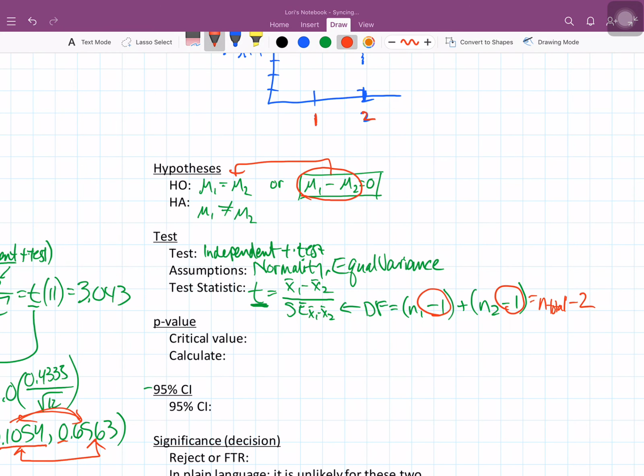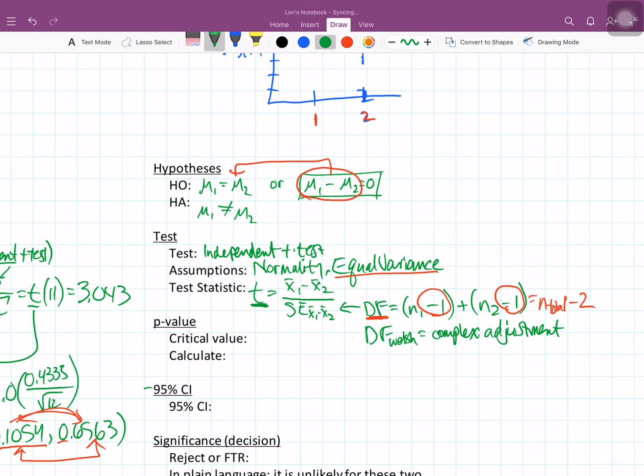There is another way to make this adjustment with degrees of freedom, and this depends on whether this assumption of equal variances is met. Another one is called the degrees of freedom Welch, and we'll be learning more about this when we're looking at some future tests. This is some kind of a complex adjustment.